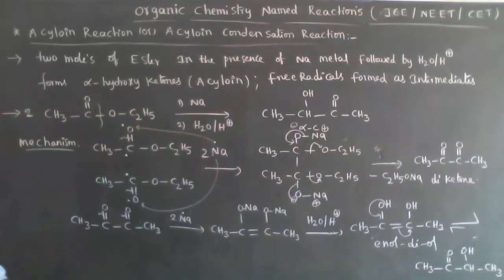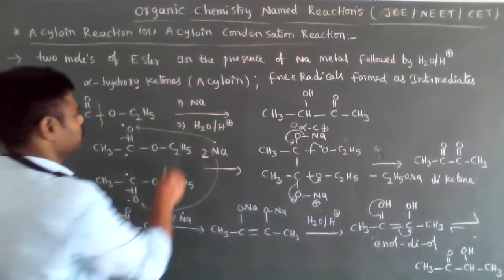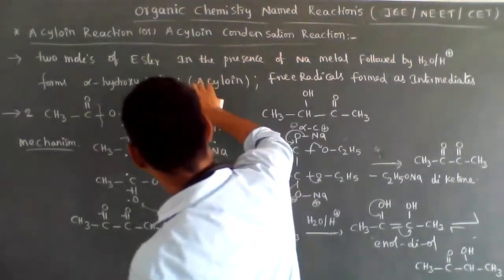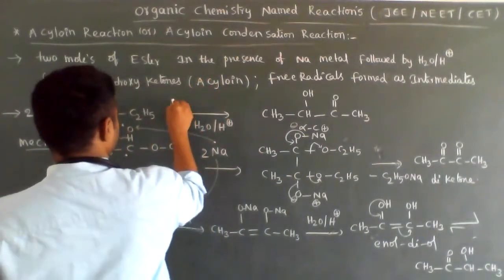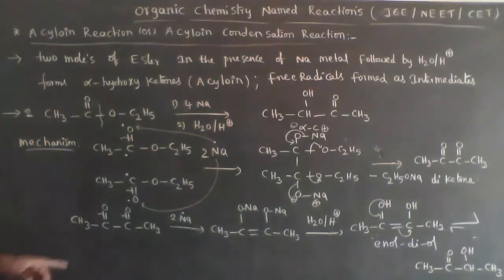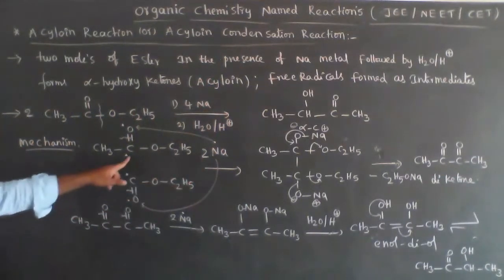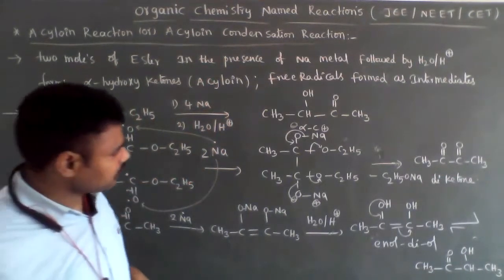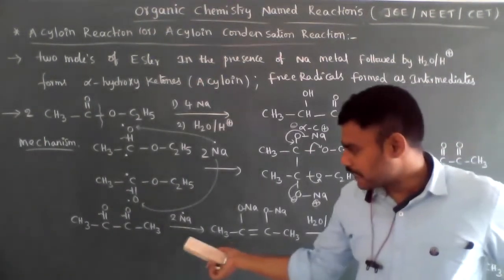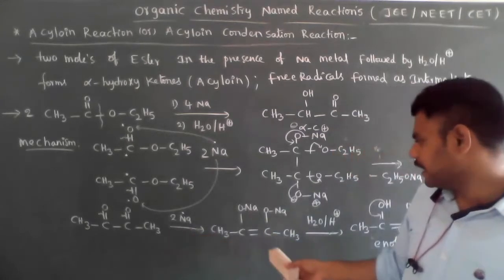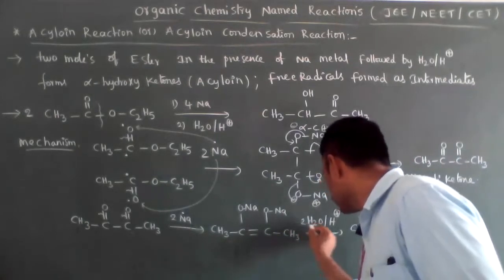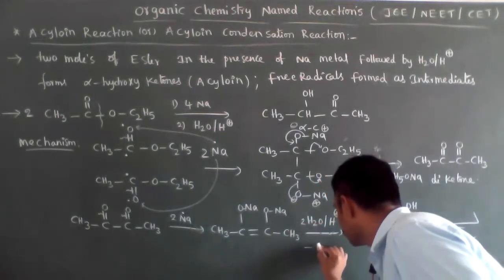In this reaction, how many moles of sodium atoms are we utilizing? A total of 4 moles of sodium is involved. In the first 2 moles of sodium, free radical intermediates form, then we get the diketone. Again the diketone reacts with 2 moles of sodium, followed by hydrolysis, with loss of 2 NaOH.